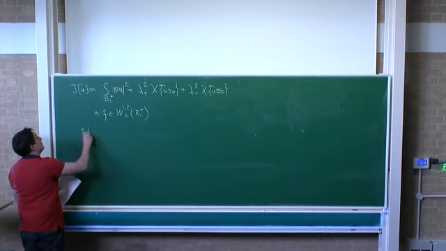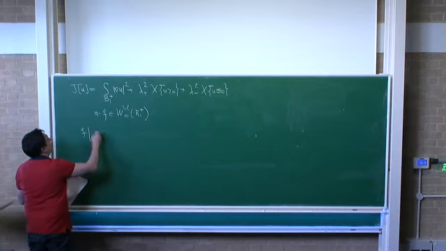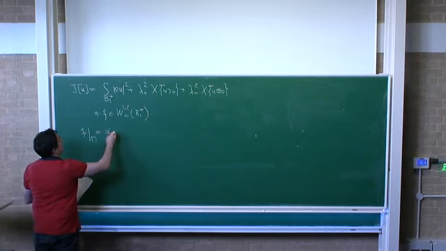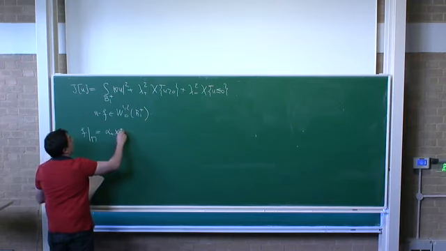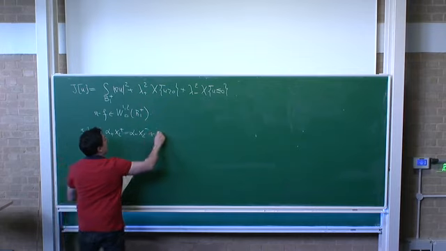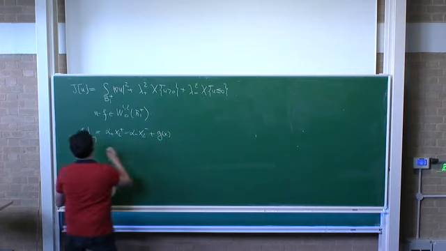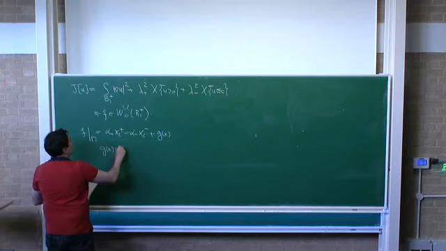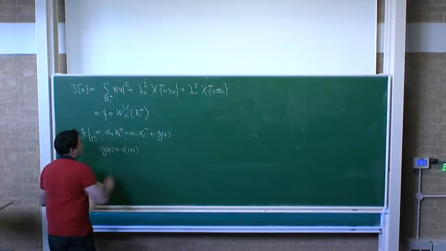In other words, the restriction of this F on pi is going to be something like alpha plus x2 plus minus alpha minus x2 minus plus some g(x), where g(x) is of order small x.